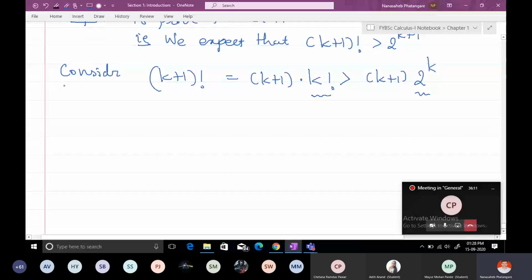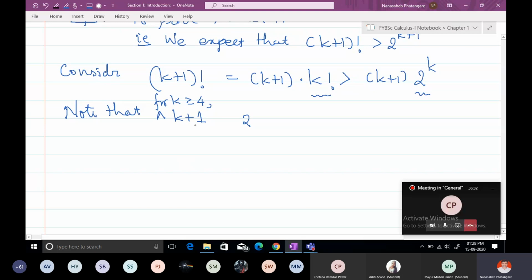Okay, note that for k greater than or equal to 4, what can you say about k plus 1 and 2? Which amount is bigger? My k is greater than or equal to 4, right? k plus 1, right, so this amount is bigger. Once your k is greater than or equal to 4, what is the least possibility for k? 4.